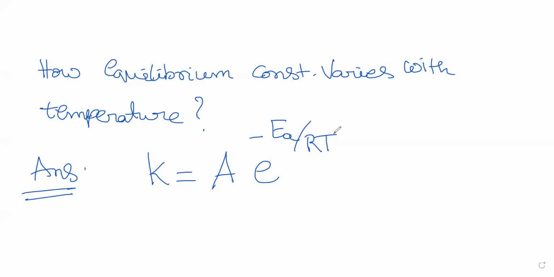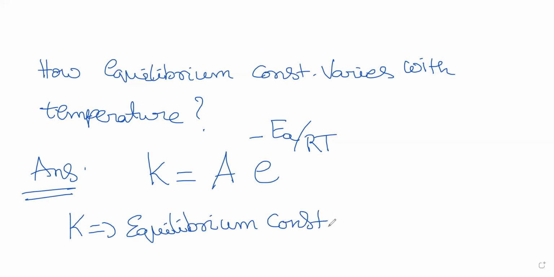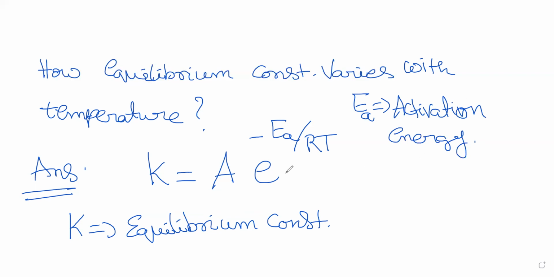This is called the Arrhenius equation, where K is the equilibrium constant, EA is called activation energy, T is the temperature, R is the gas constant, and A is called the pre-exponential factor.